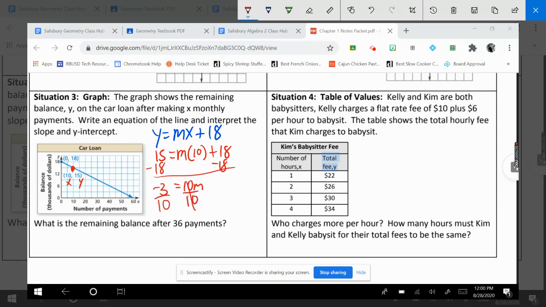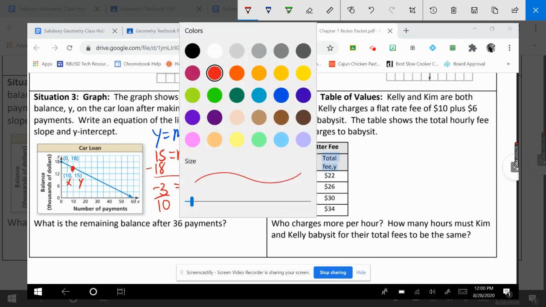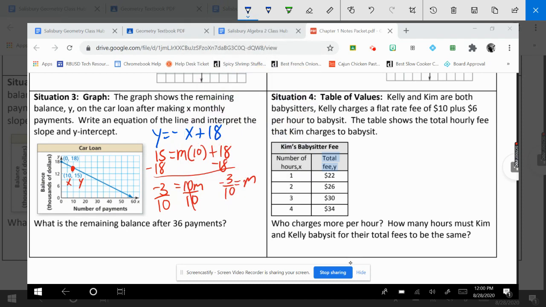Wow. So our slope is -3/10, which we'll put in there to get y equals -3/10 x plus 18. If you want to use a decimal, that's okay. In fact, I'm going to use a decimal just to make it a little bit more organized: -0.3.